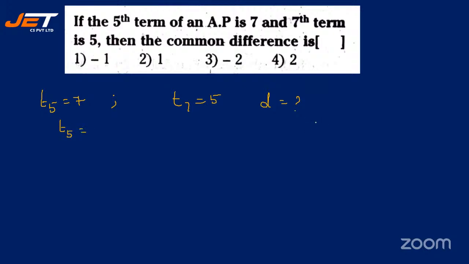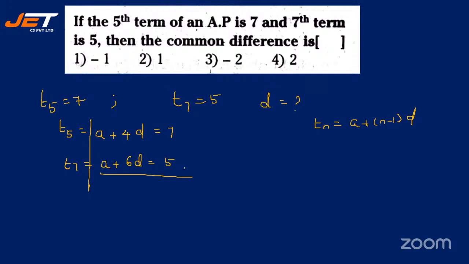Before that, what is the formula? Tn is equal to A plus n minus 1 into D. So T5 is A plus 5 minus 1, which is 4, into D. So this is 7. Next, what is T7? A plus n minus 1, 7 minus 1 is 6, into D is 5. Right? So now this is like a simultaneous equation.